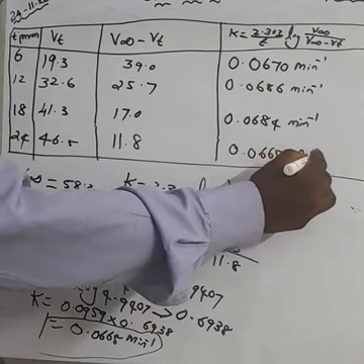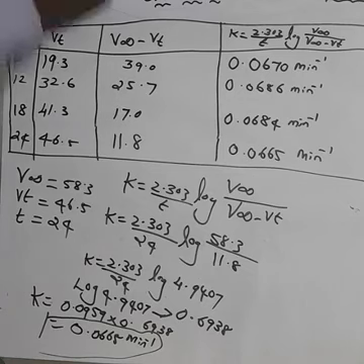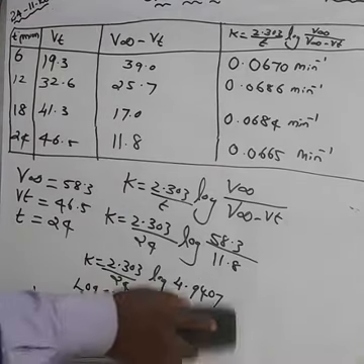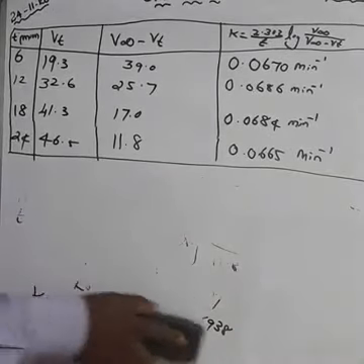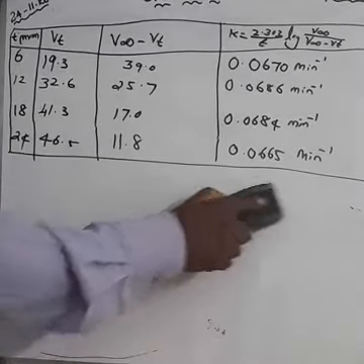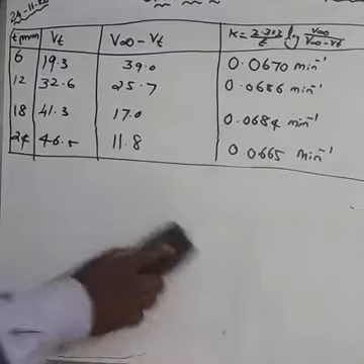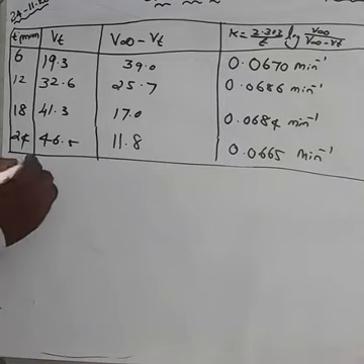0.0665 minutes inverse. Okay, let us check these values. All four values are nearly 0.06, am I right? That we can say is almost a constant value. So we have to take the mean value. That's the correct way.